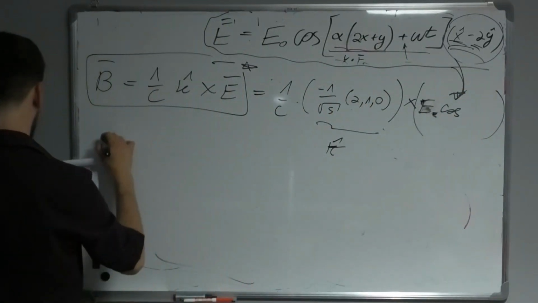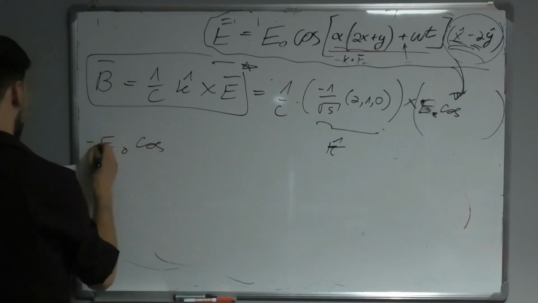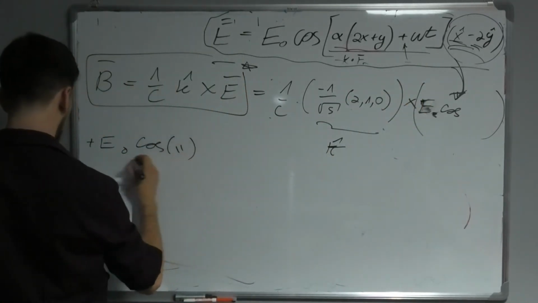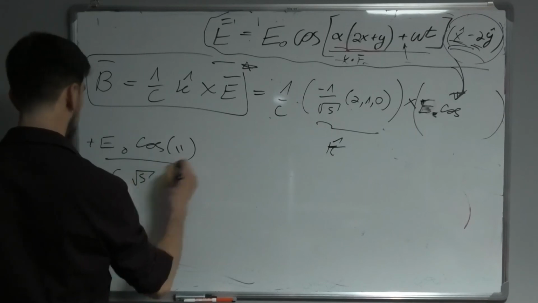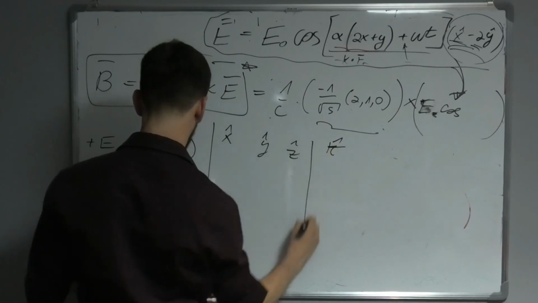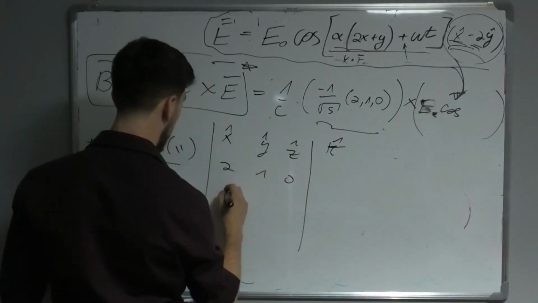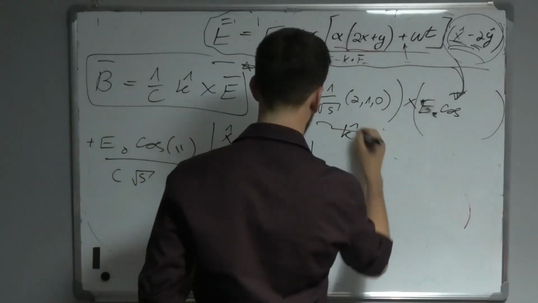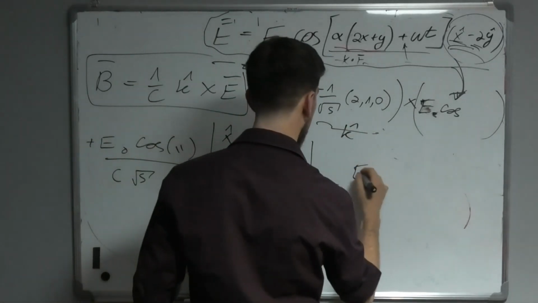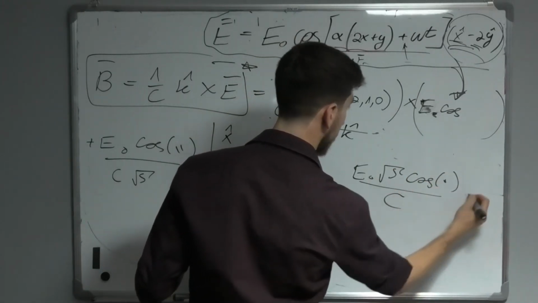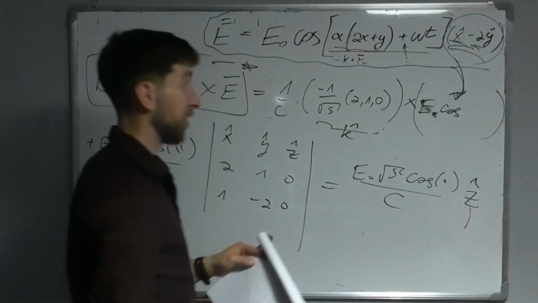So when I do it, I'm taking all the constants outside, there's a minus, and it becomes positive because of the cross. The cosine is the same thing, c square root of 5, determinant x, y, and z, (2, 1, 0), (1, minus 2, 0). And this is equal to E0 square root of 5 cosine, same thing over c, in the z direction, which is no surprise.